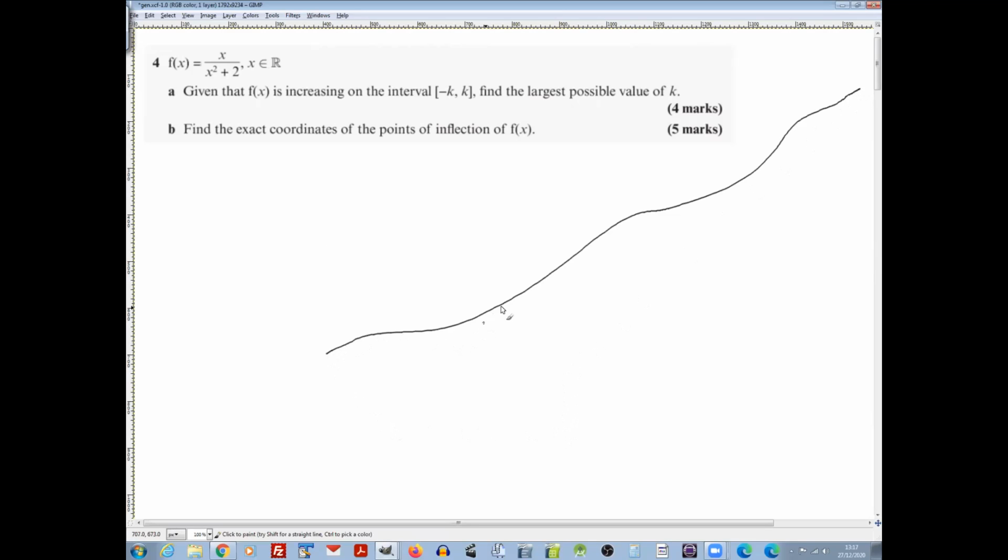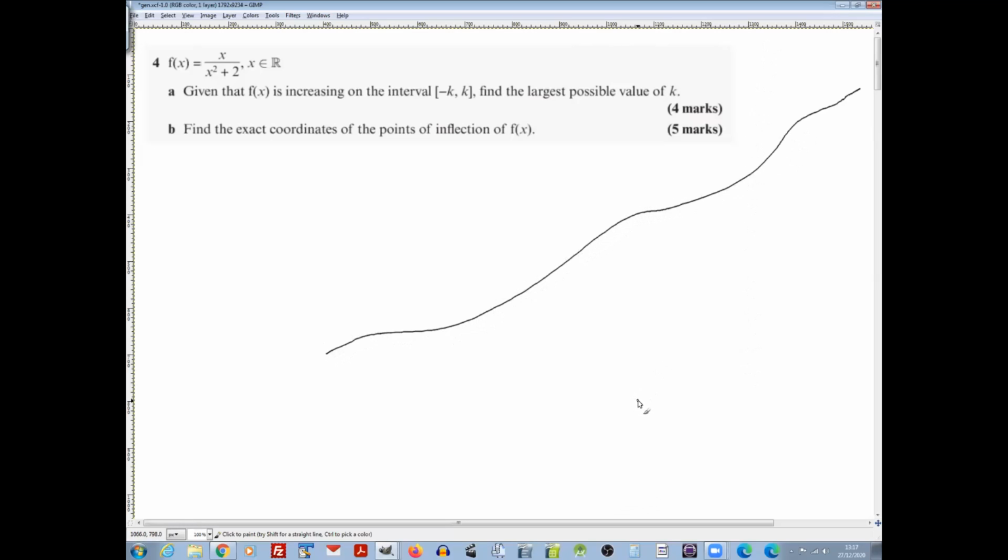If the curve is increasing, if the y values are increasing, what can we say about the gradient all the way, even though the gradient is changing? The y values are increasing all the time, right? The y values, how high we are.